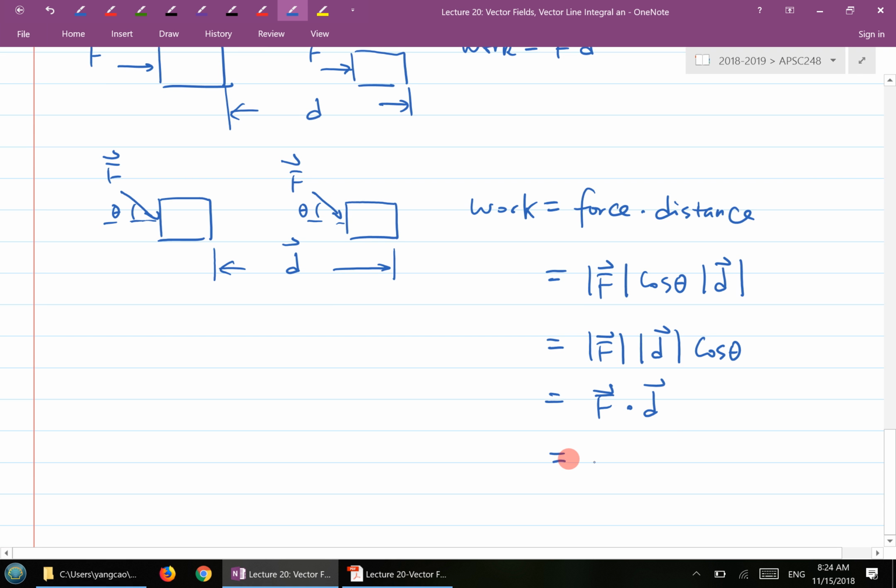As we learned in the first lecture, you can always separate d into two components: one is direction, the other is magnitude.